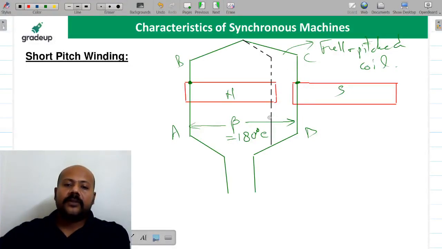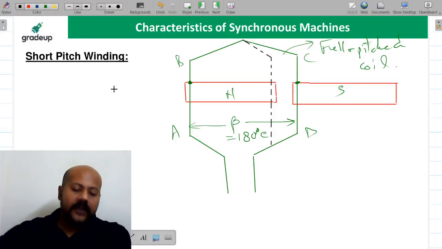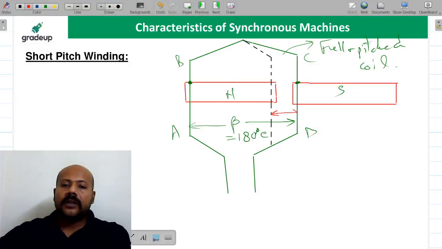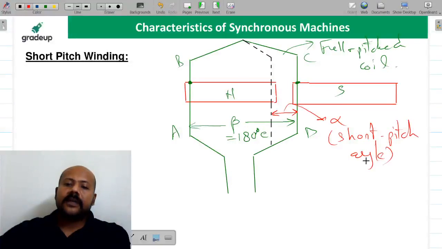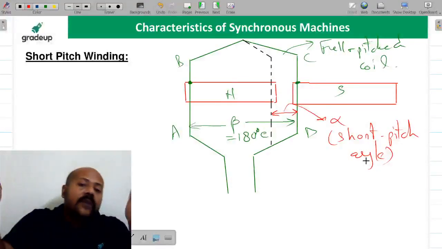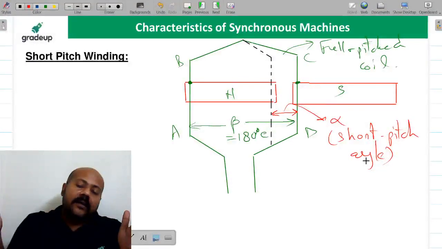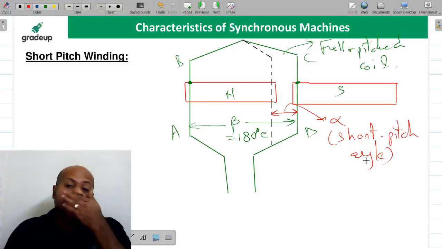Understanding the concept is more important. If you see this angle, we call it alpha, the short pitch angle. It means instead of going to the full 180-degree electrical pole pitch, we are just reducing it a little bit.